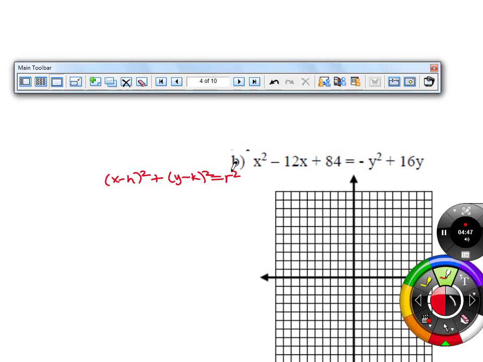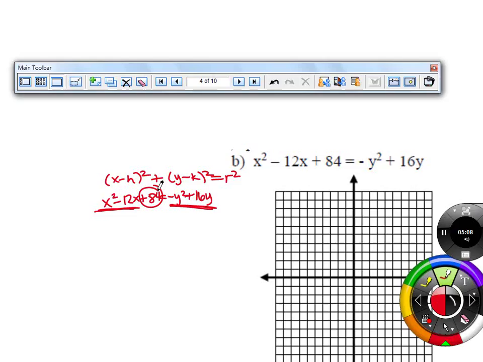So when I look at the equation that I'm given, I have x squared minus 12x plus 84 equals negative y squared plus 16y. So these parts right here will be part of the perfect square for x, and these will be part of the perfect square for y, and this right now is the constant.